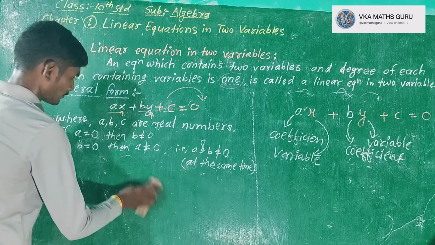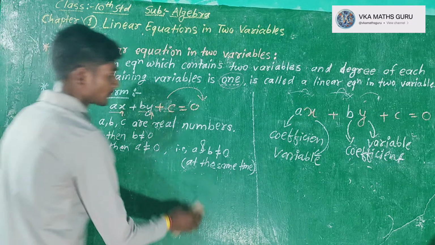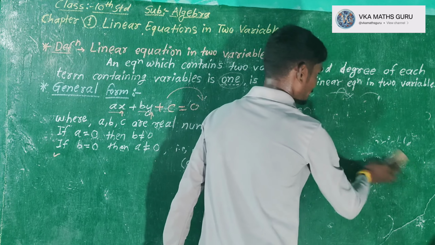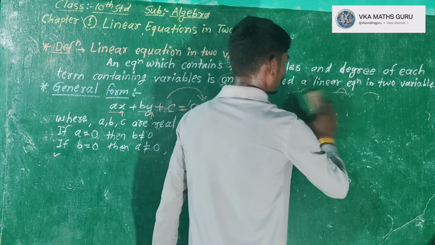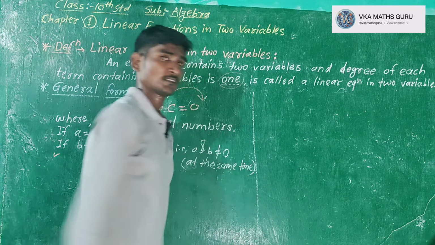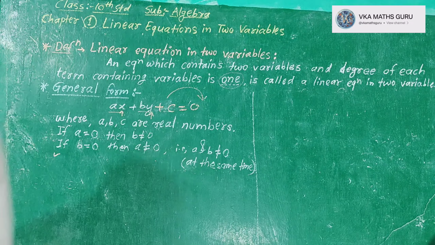Further we will discuss the forms of the linear equation, which equations are linear or not, yes or no type. These questions are given in your textbook, state board exam.